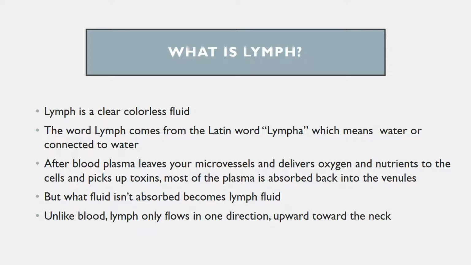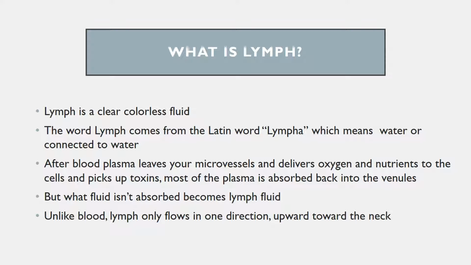But about 3 liters of that plasma is left behind and is not put back into the venules to go back to the veins. This 3 liters of plasma becomes the lymph fluid.